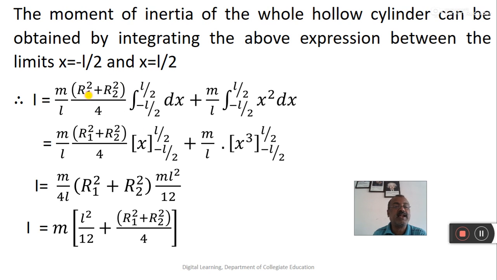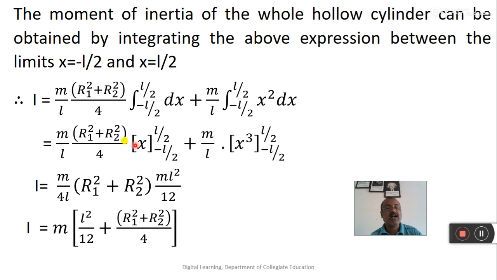If we integrate, we are going to get I is equal to m divided by L into r1 squared plus r2 squared divided by 4. It is a mere constant, hence we can take it out, applying the limits of integration minus L by 2 to plus L by 2 dx, plus m divided by L, minus L by 2 to plus L by 2, x squared dx.